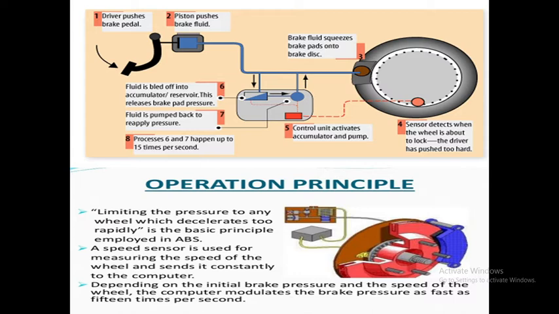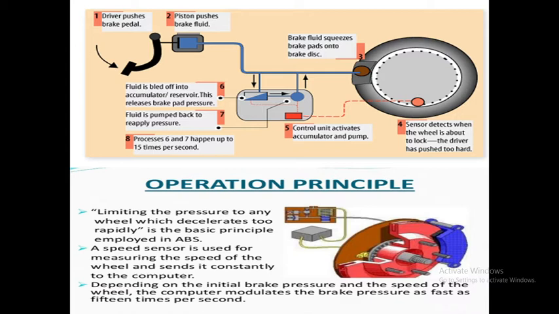Then it has the electronic control unit. The ECU captures and filters sensor signals to measure the wheels' rotation speed and acceleration. According to the data analyzed by the ECU, it receives signals from the sensor in the circuit to control the brake pressure. Then it has the hydraulic control unit.